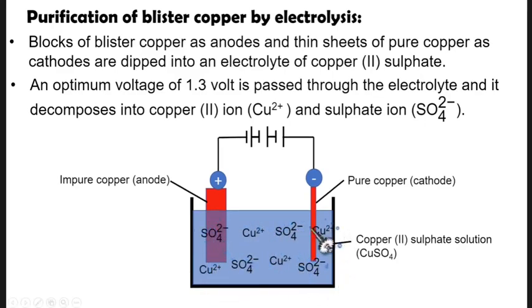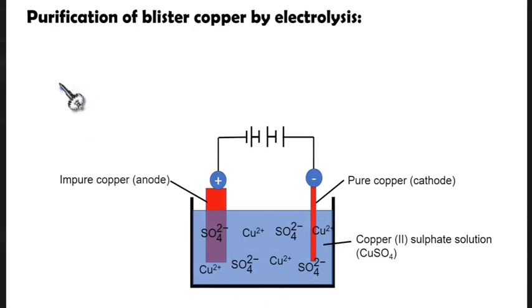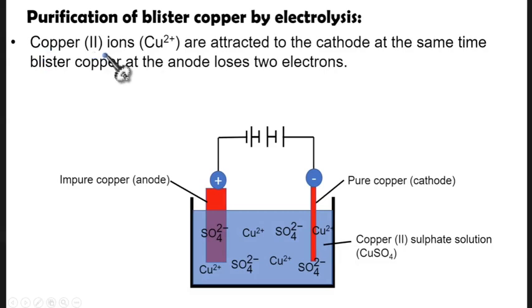As they exist as ions, what you should know next is that the copper(II) ions that are formed are attracted to the cathode. At the same time, blister copper at the anode loses 2 electrons.